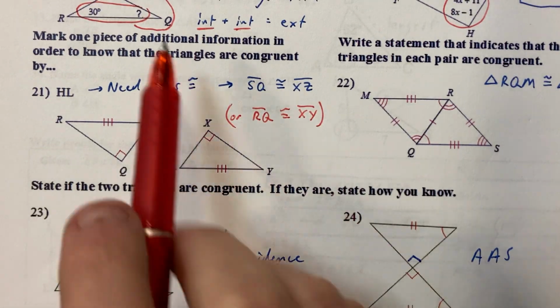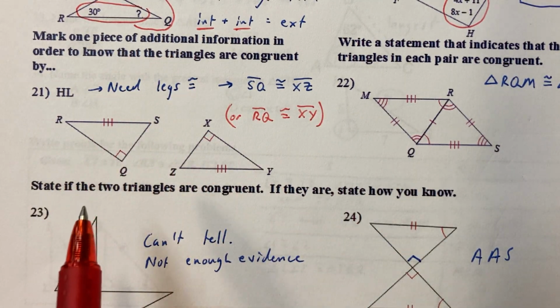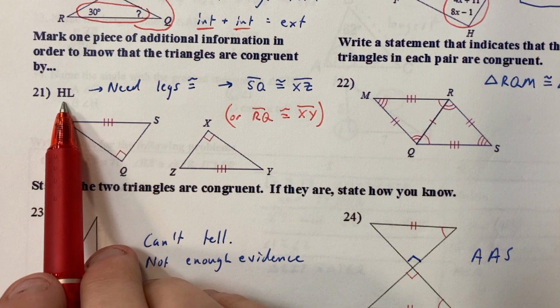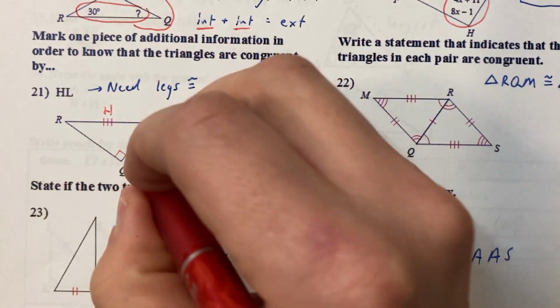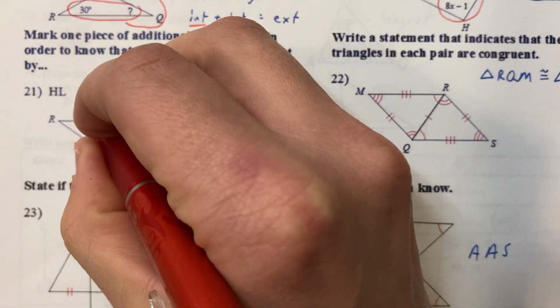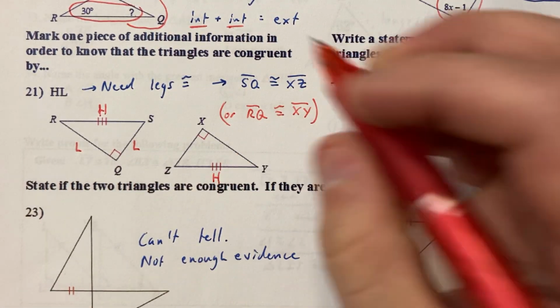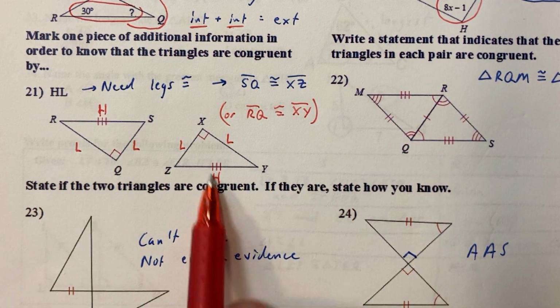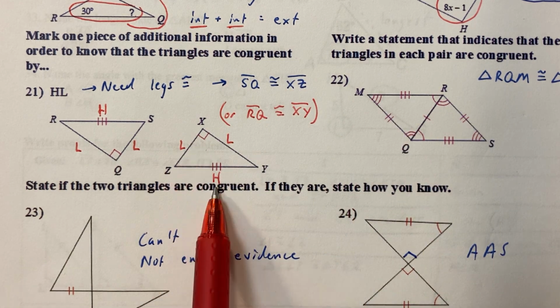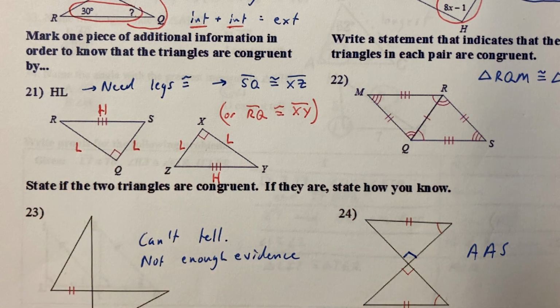Next question. Which additional piece of information, if we're going to use HL? Well, in this triangle, that's the hypotenuse, that's a leg, and that's a leg. That's the hypotenuse, that's a leg, and that's a leg. How did I know? Because the hypotenuse is always opposite of the right angle. So basically, I just need to mark another set of legs.